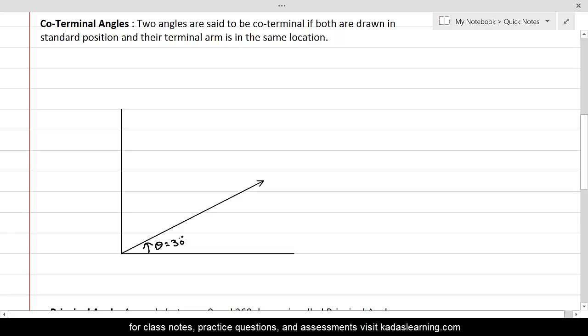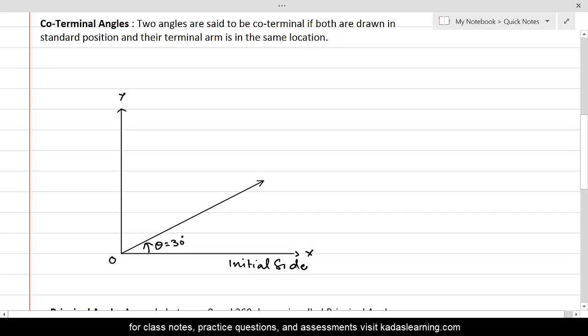And obviously both conditions for this angle to be drawn in standard position are observed, because the terminal side as well as the initial side both originate from the origin of the x-axis and y-axis, and the initial side is on the positive x-axis as well, these being the x-axis and the y-axis.